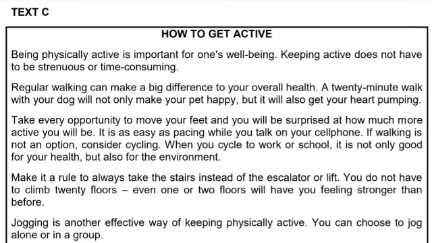Even if your first bullet point is "it's important to be physically active," that sentence summarizes something in the article, but it's not telling me how to be physically active doing everyday activities. The first sentence of the next paragraph starts with "regular walking can make a big difference."